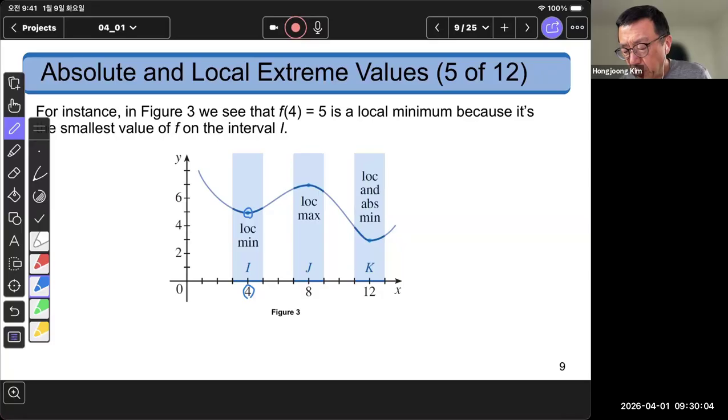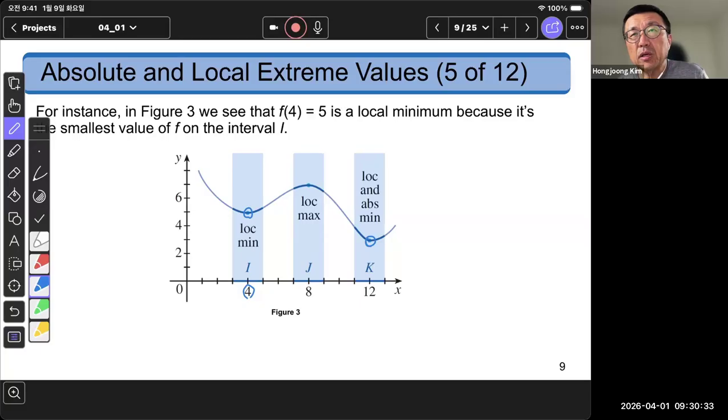And the value at 8 is a local maximum as well. And the function value at 12 is another local minimum. If this is the graph of a certain function on its whole domain, then the value at 12 is also the global minimum.